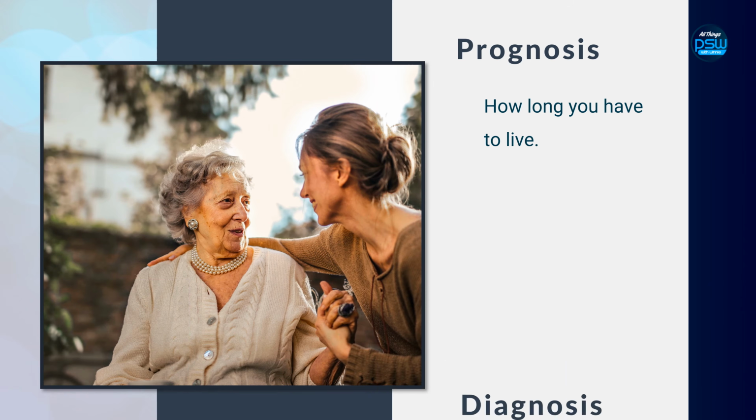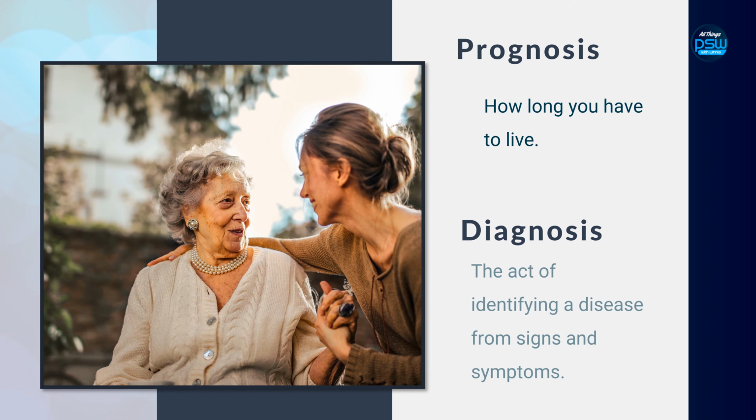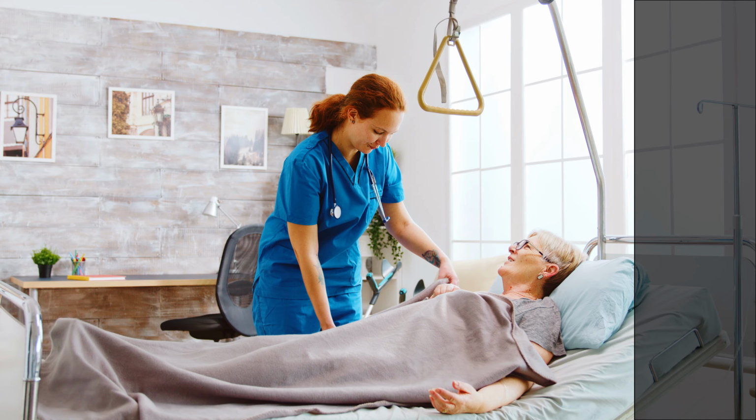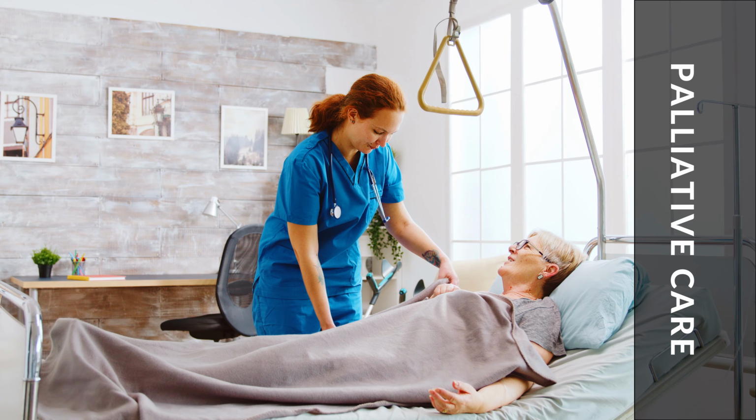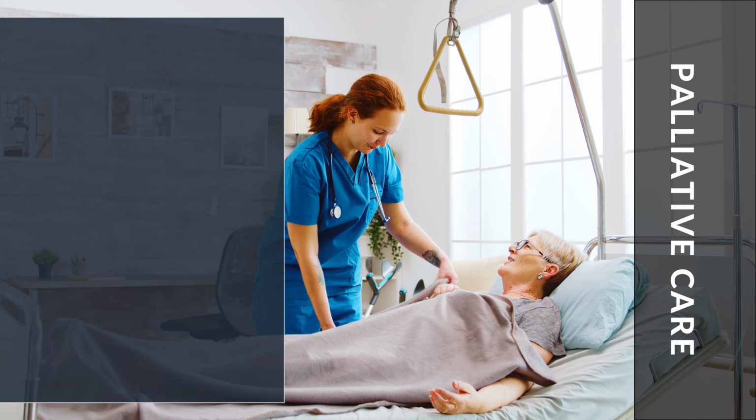So what's a diagnosis? It's the actual disease process, or the actual disease that it is. The prognosis is how long you have to live with this particular disease based on the doctor's experience or just what they know from evidence base. So when you're palliative, this is when you receive the diagnosis and the prognosis, right? So what is the palliative care?